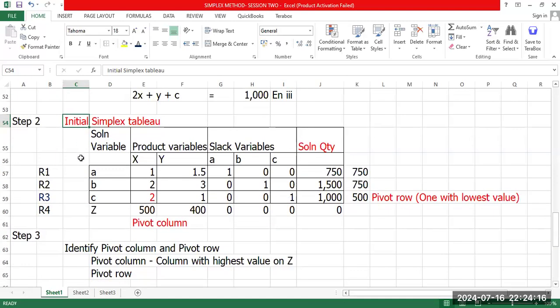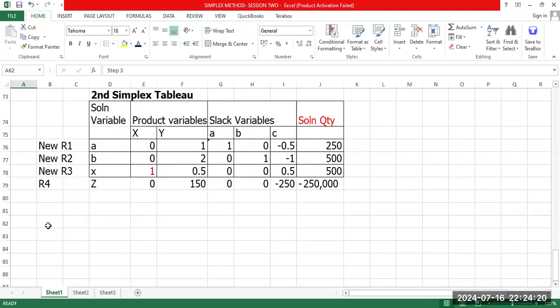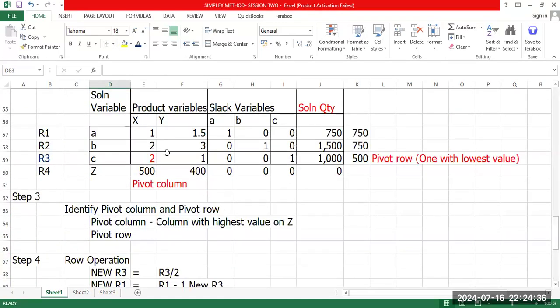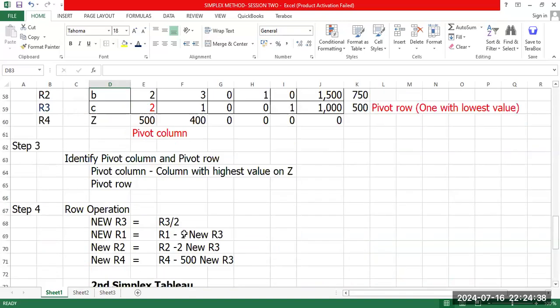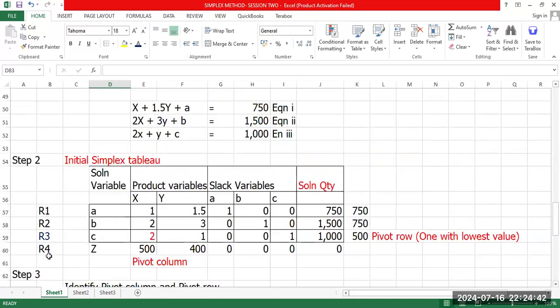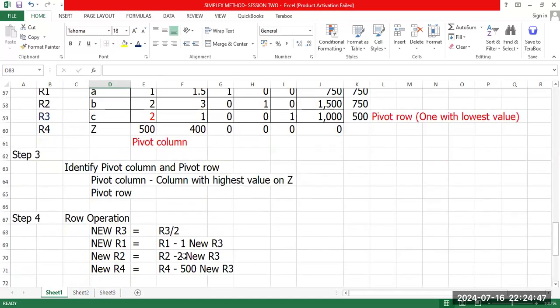From the second step, go to the third step. I want you to do that very fast. Now we repeat the procedure. This is our initial simplex tableau now. Then the next step, we identify the pivot column and pivot row.